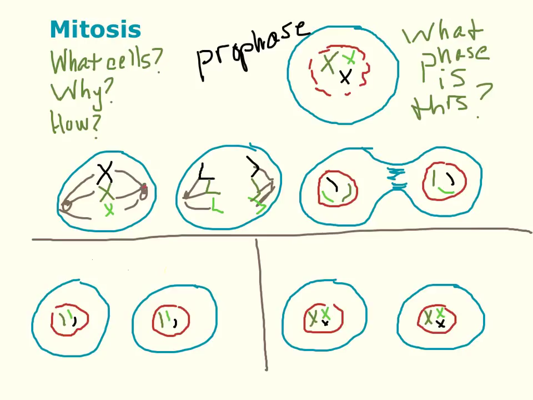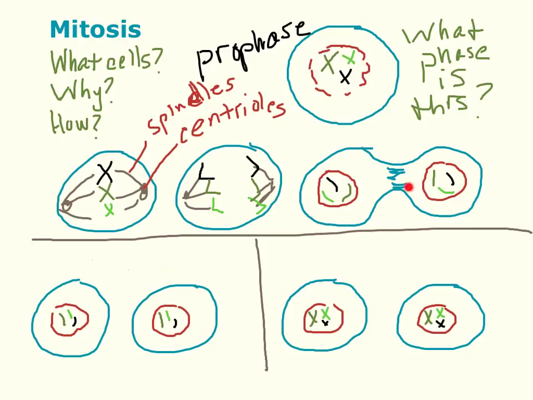Those are called centrioles, and those are called spindles. And in anaphase, the spindles pull the chromosomes apart.